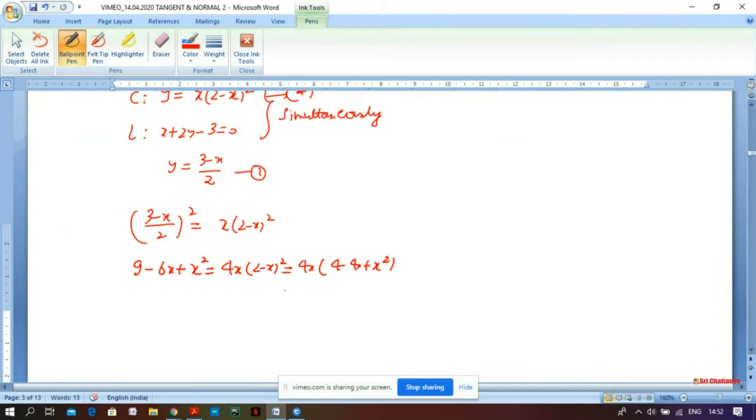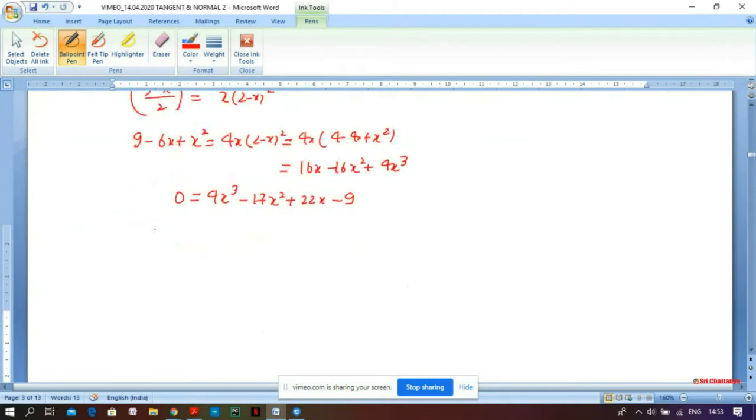Let us expand this side. I will get 16x minus 16x squared plus 4x cubed. And when I transpose everything to this side, 0 equals 4x cubed minus 16x squared, and this one, so minus 17x squared, and plus 16 plus 6 will become 22x, and this is negative 9.